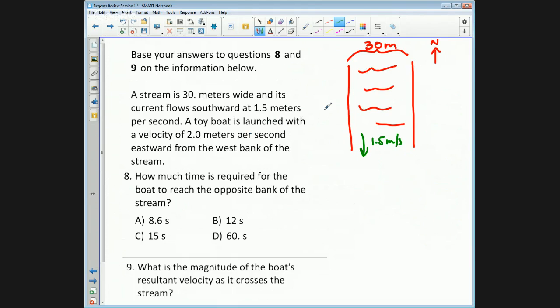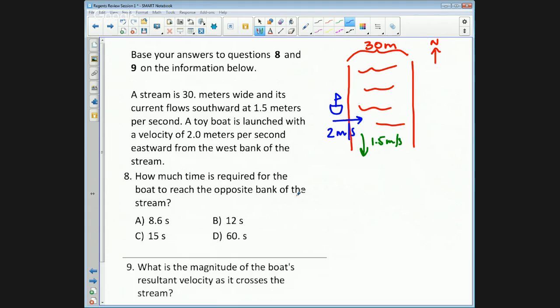And then it says a toy boat is launched. Here's the boat. It's launched at 2 meters per second eastward from the west side to the east side. The question is asking how much time is required for the boat to reach the opposite bank of the stream.